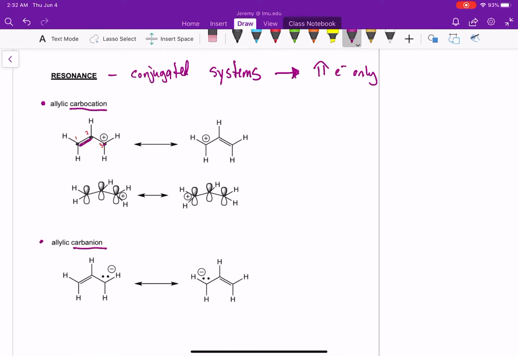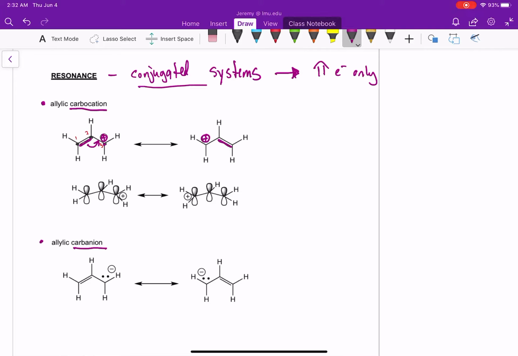Carbon 3 only has 3 bonds, so that has a plus charge, right? So we can draw this resonance structure by moving the pi bond between carbons 1 and 2 to becoming a pi bond between 2 and 3. And here's the other resonance structure we get there. There's the electrons now between 2 and 3. The consequence of that is now carbon 1 has a positive charge, right?